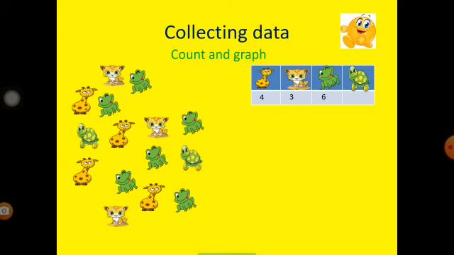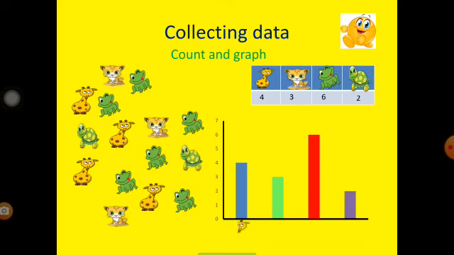Super, it's 2. So I have 2 turtles. So we show it on our graph. I have 4 giraffes with blue color and 3 cats with green color and 6 frogs with red color, and the last one, I have 2 turtles with purple color.